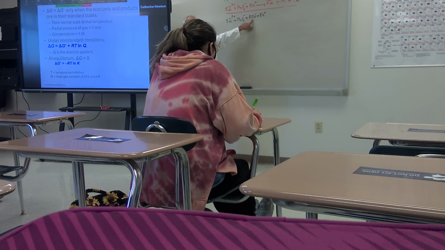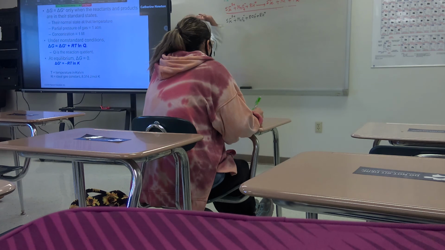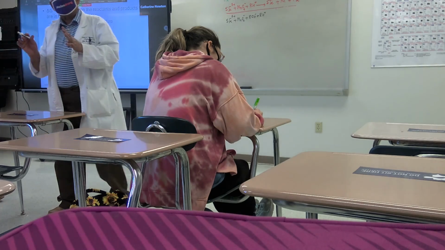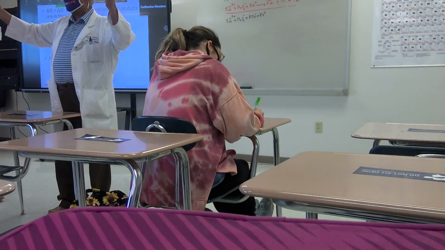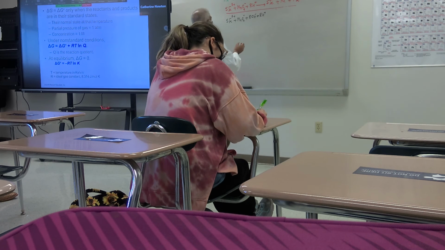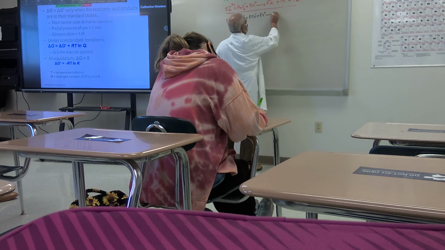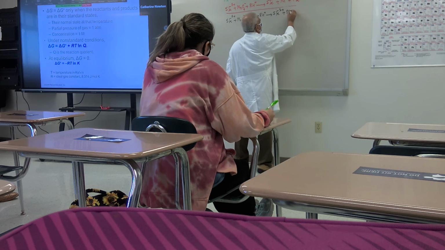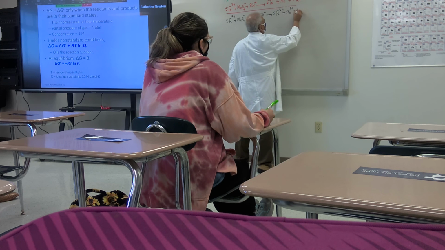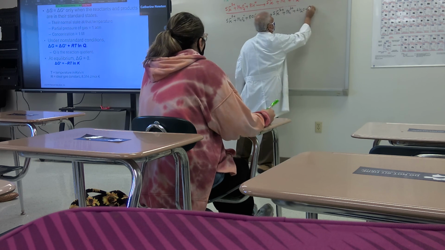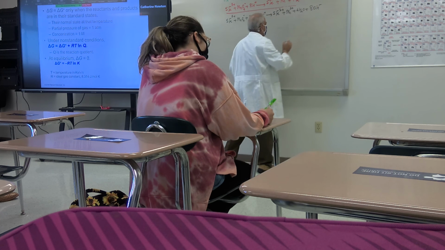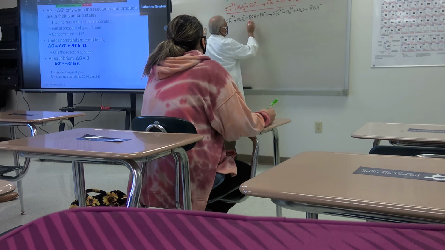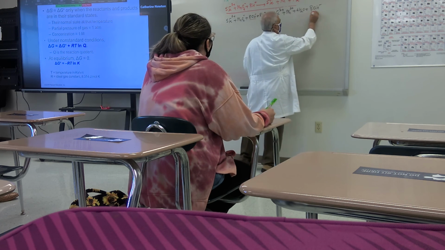I am adding what? 8 OH minus on the left side, and I am adding 8 OH minus on the right side, because in order not to disturb that, if you add something, you should add on both sides, correct? So now what I do is 5Fe3 plus, Mn2 plus, 4H2O plus what? 8 OH minus. I have added 8 OH minus on the left side, 8 OH minus on the right side.